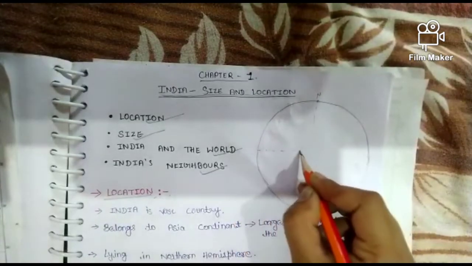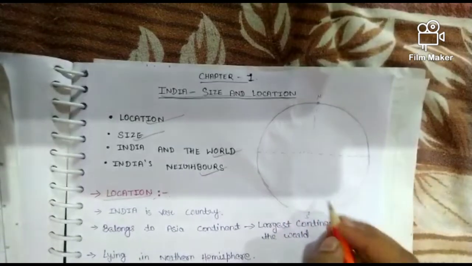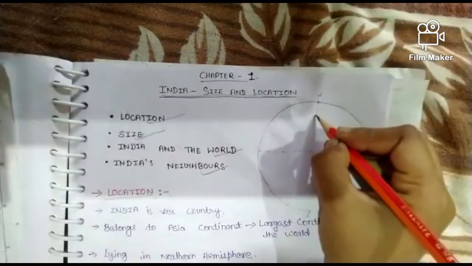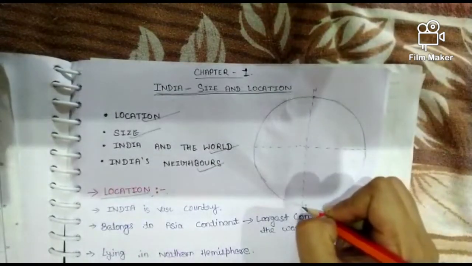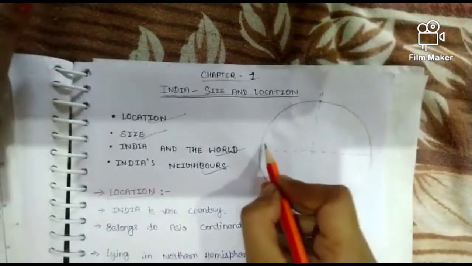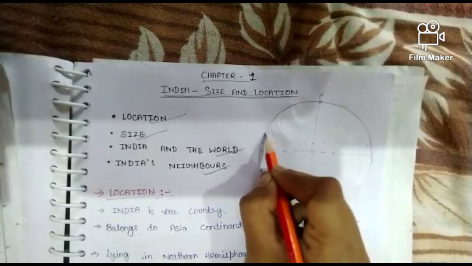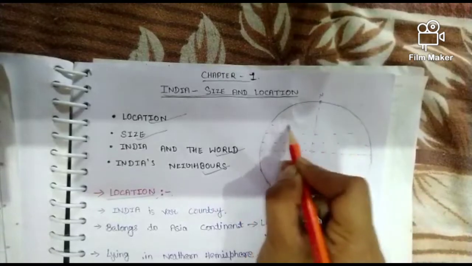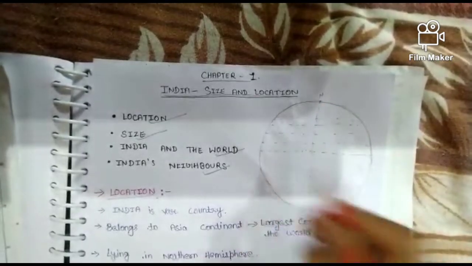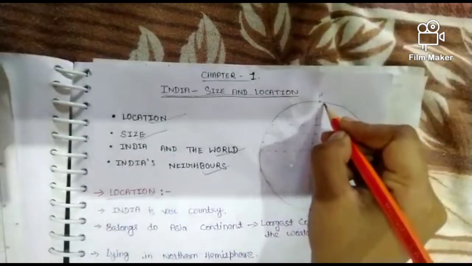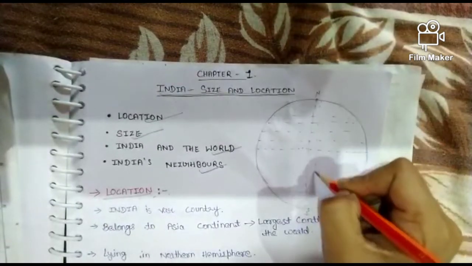This is a horizontal imaginary line and it is latitude, and this is a vertical imaginary line and it is called longitude. There are numbers of latitudes on the earth like this, and in the same order there are numbers of longitudes.